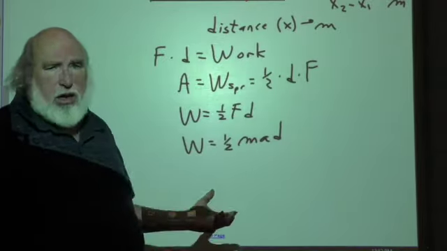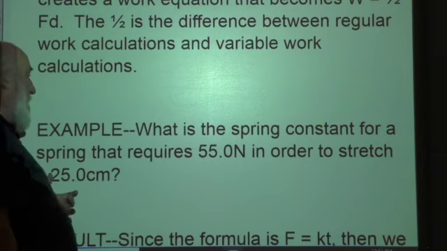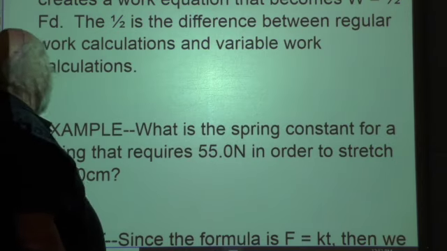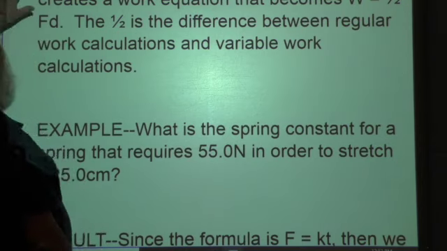Okay, so let's take a look at some examples here. What is the spring constant for a spring that requires 55 newtons in order to stretch 25 centimeters? Okay, so let's go back over here. What did we say K was? Well, K was newtons divided by meters.